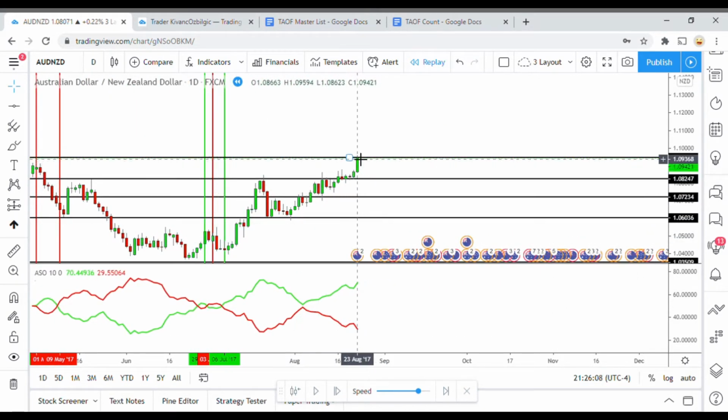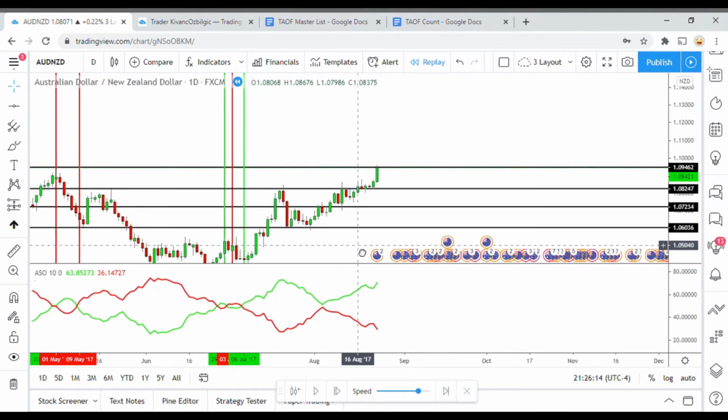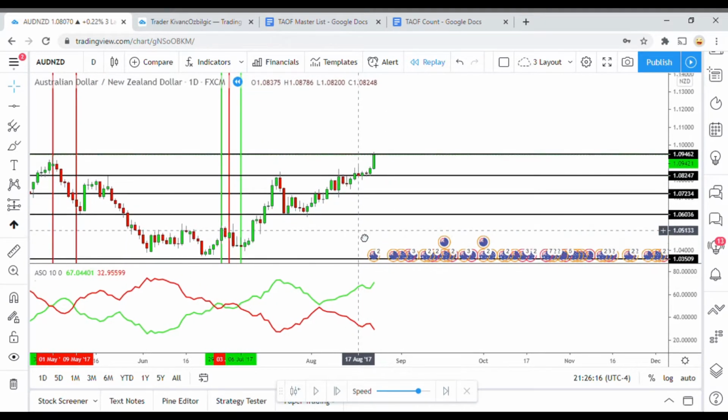As you see, it has come up and bounced off that area, come down, then come back up, bounced off that area again. Well, at least come up to that area. And so now the question is, what is it going to do when it gets to this area? Of course, this is not a good trading spot because we've had a lot of push upwards here.